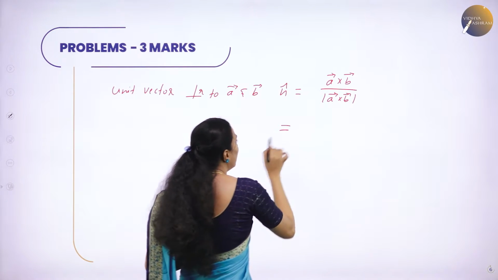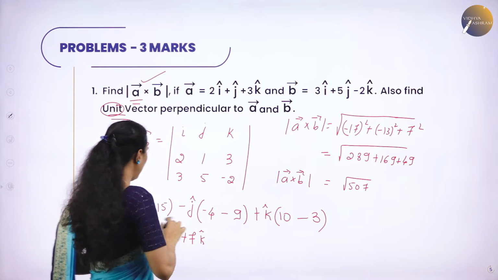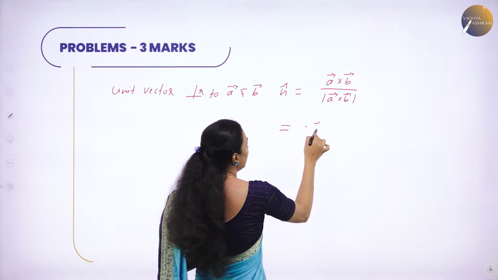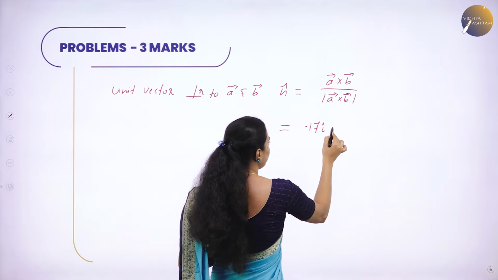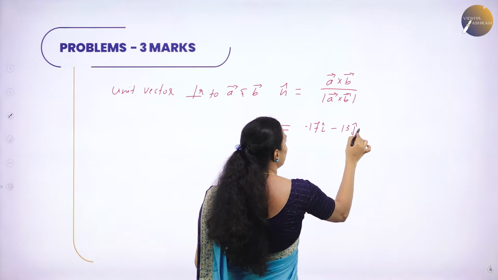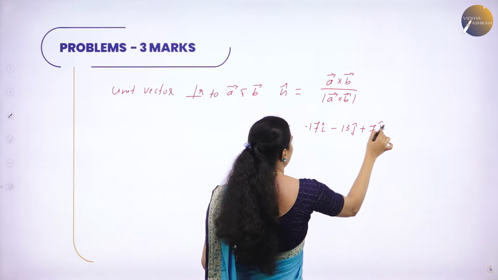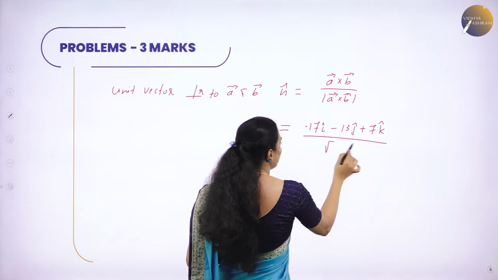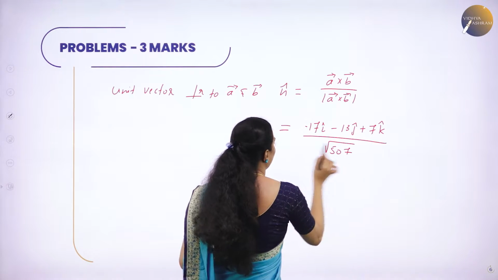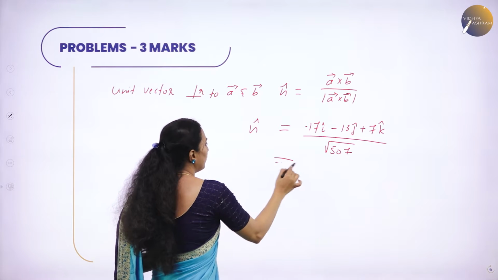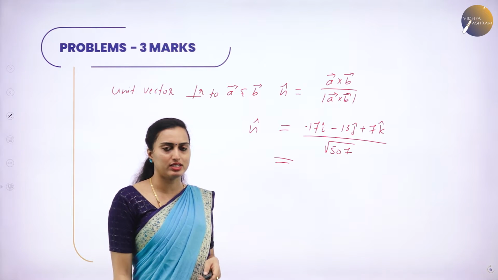This is the formula. A vector cross B vector, we know, is minus 17i minus 13j plus 7k, divided by the magnitude, which is the square root of 507. So this is your answer for the second question.